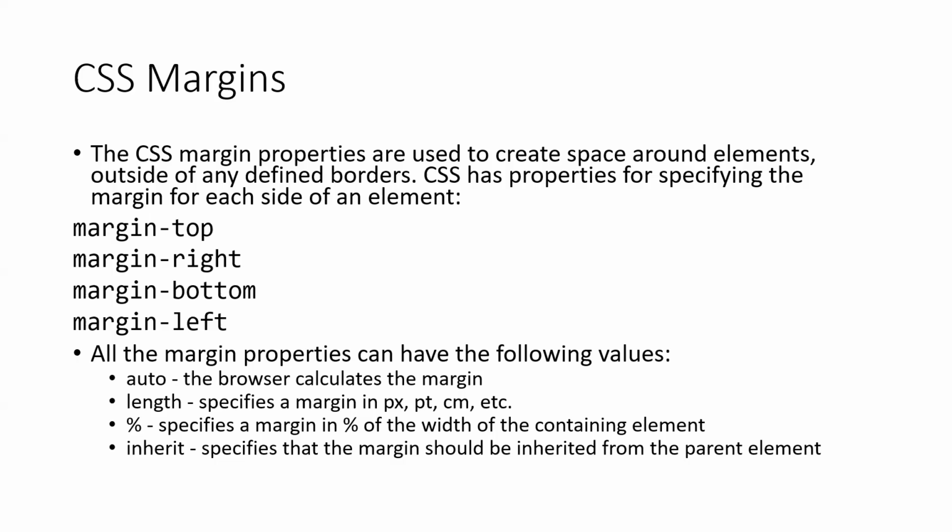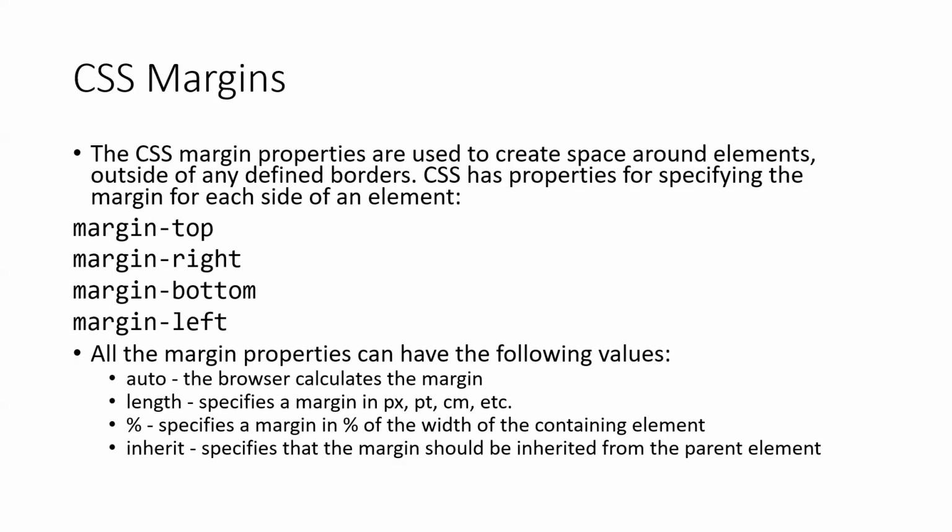So what are the properties that you can set? Usually you can use auto, meaning the browser can decide on the margin, or you can specify the margin in pixels, points, centimeters, or you can specify it as a percentage value, right?